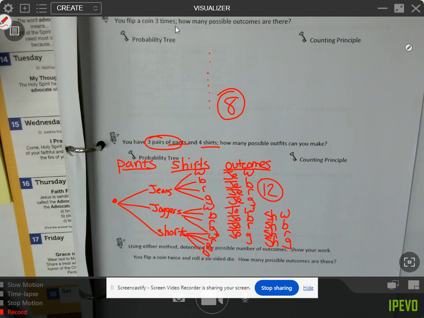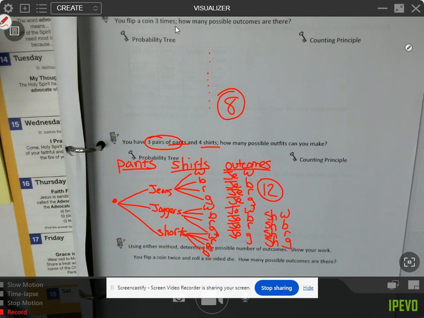I don't care that it could be jeans and a blue shirt, jeans and a red shirt, jeans and a green shirt. Because if the question's not asking for it, if it's just asking how many possible outcomes, how many outcomes are there if I'm flipping that coin 3 times, we're just going to use the counting principle. Because Marina's absolutely correct. There is an easier way to do it.